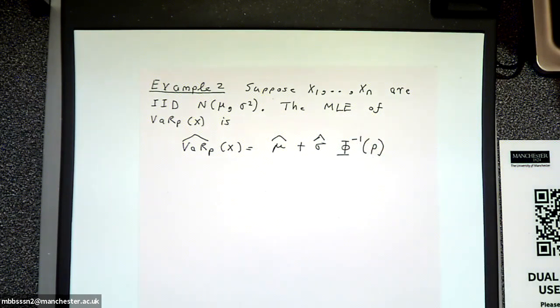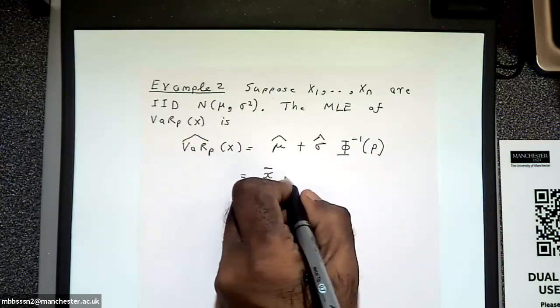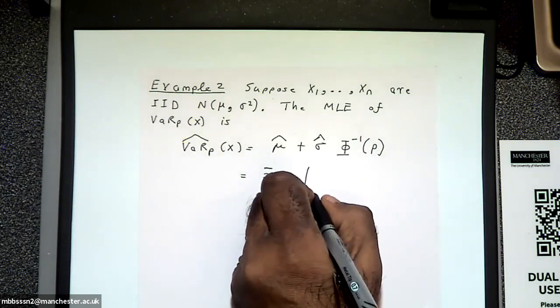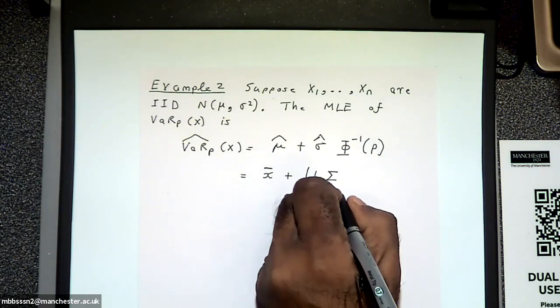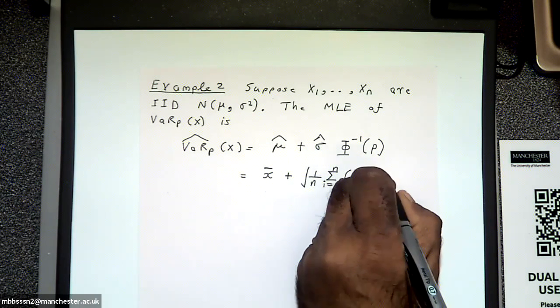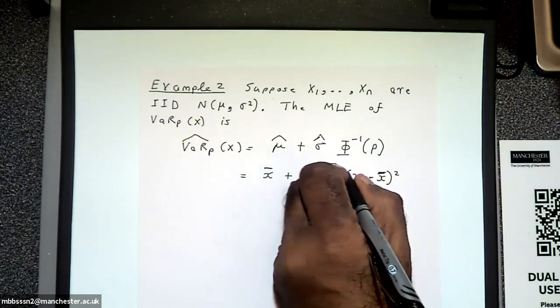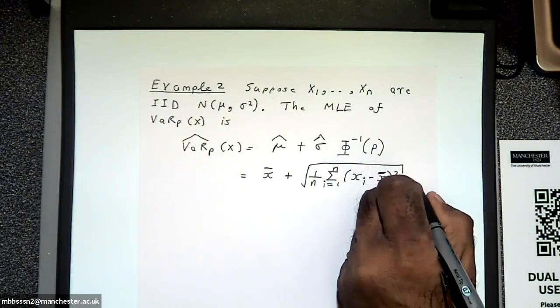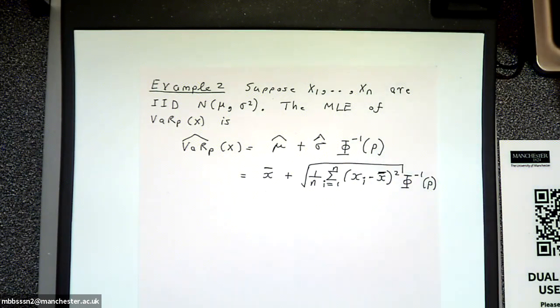This is the formula that I gave you, where mu hat is x bar, right, and sigma hat is defined as before.